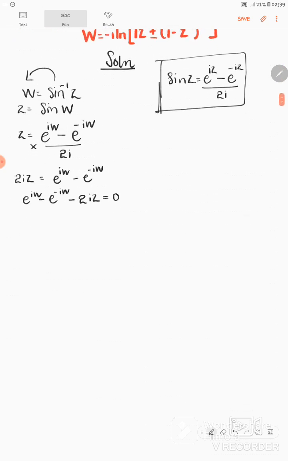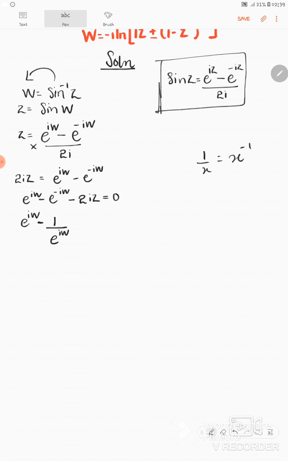Now we have this exponential minus iw. Let's simplify it by saying this: we're going to have exponential iw minus 1 over exponential iw, just like saying 1 over x equals x raised to power minus 1.